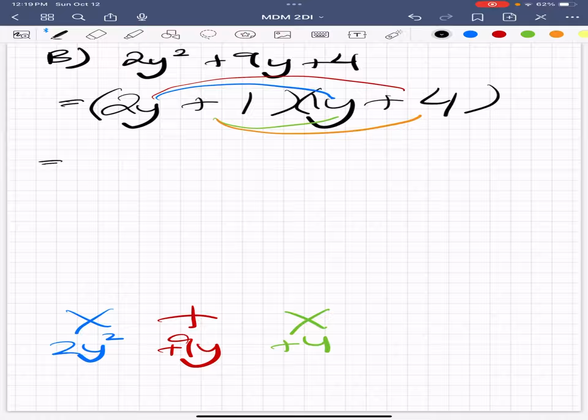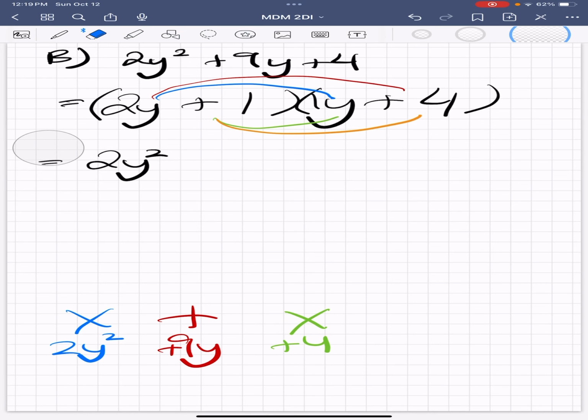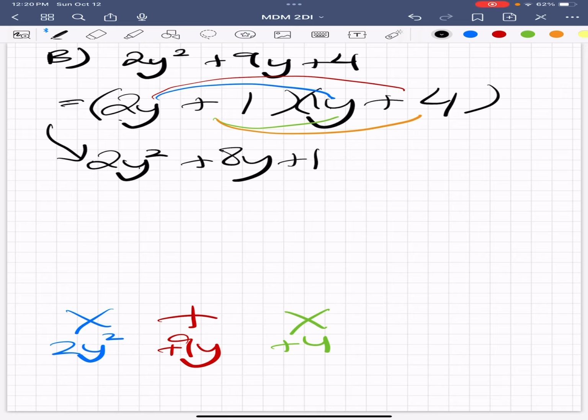So we have 2y squared, and then 2y multiplied by 1y, that's 2y squared. And then we have plus 8y plus 1y, and then plus 4.